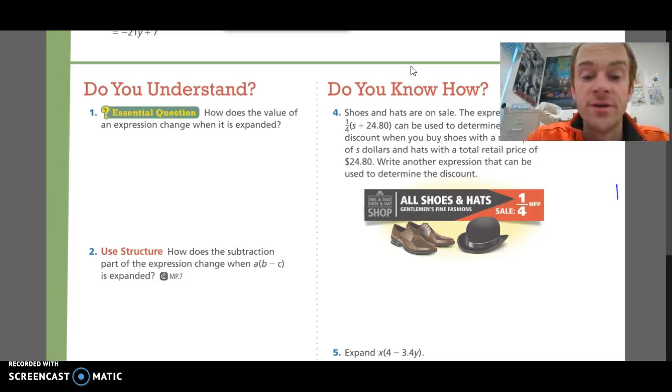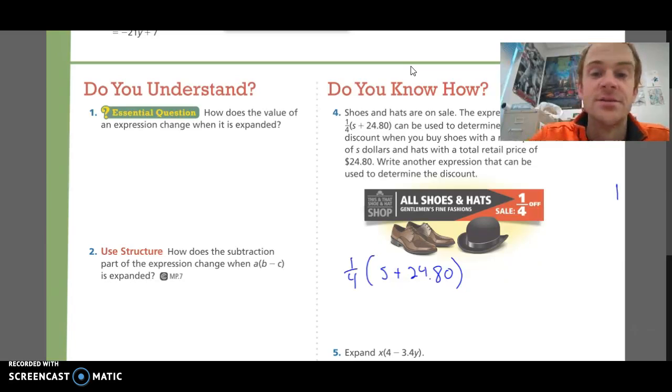But all we're really going to do is we're going to take this expression here, 1/4 times the sum of s and $24.80, because we're dealing with dollars. And we're going to expand it. So you remember that when we're expanding, what we're really doing is we're taking this term that's outside the parentheses and multiplying it by both of the terms inside.